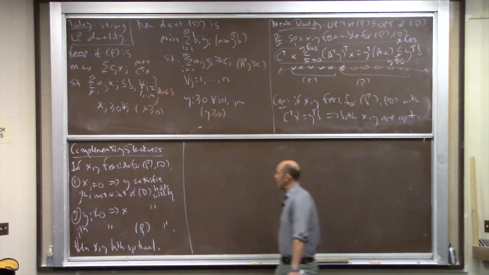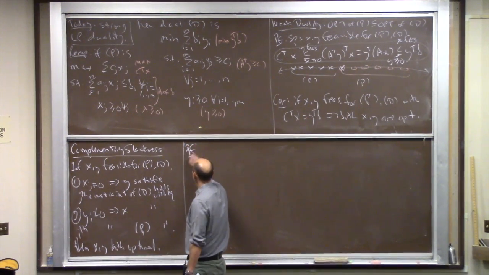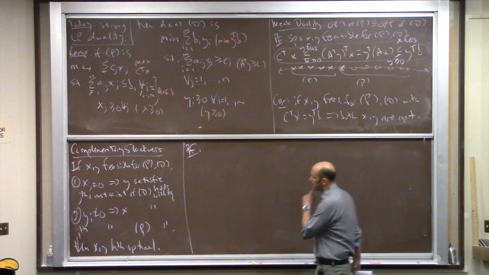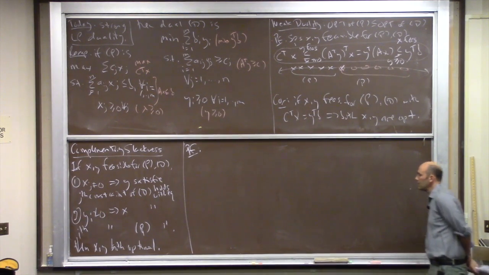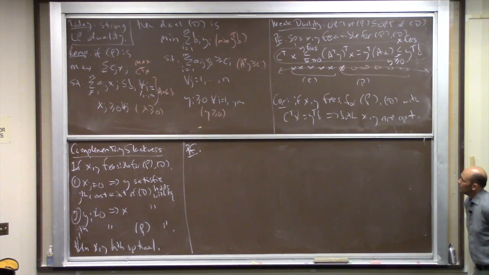All right. So the proof of this is actually staring at us on the top board. So suppose x and y are feasible, and suppose 1 and 2 hold. Let's stare at that circled derivation up there. That proves that the objective function value of the primal is always at most that of the dual.